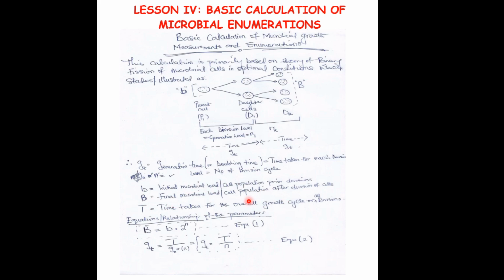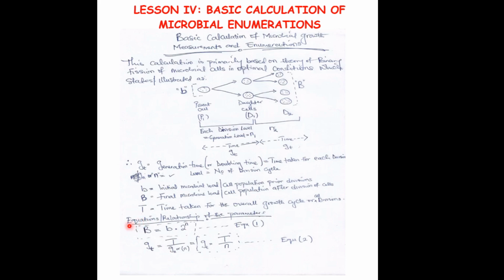At the point of your measurement, from the starting point to the ending point, or the incubation time you have already taken, you have what is there before and what is there after the cell division. Then you can calculate the number of generation levels that has occurred, and you can also calculate the generation time.